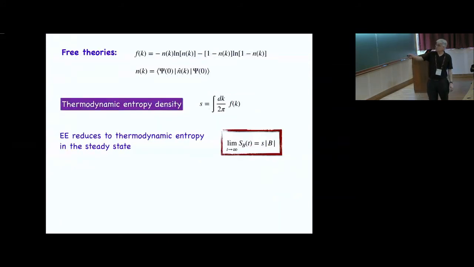And this then also suggests that the entanglement entropy actually does reduce to the thermodynamic entropy in the steady state. So if you look at the time evolution of the entanglement entropy and wait long enough, it just becomes the thermodynamic entropy density times the linear size of your subsystem. So this would be a volume law, we call that because the entanglement entropy scales with the volume of the subsystem.